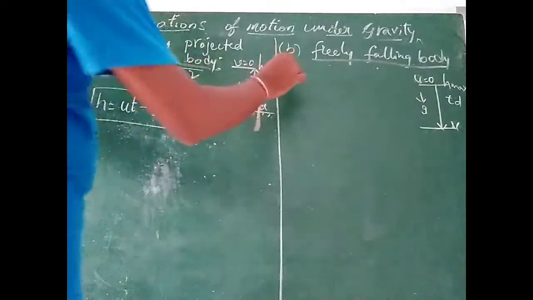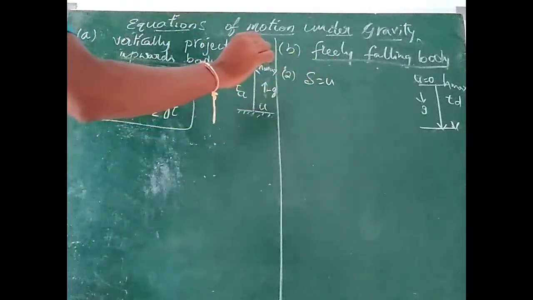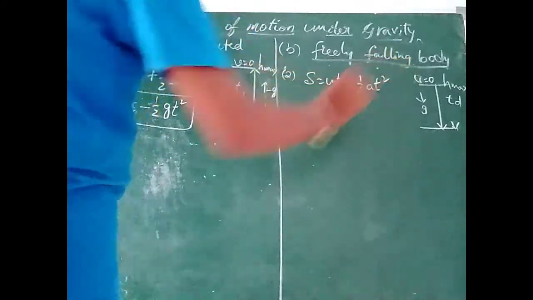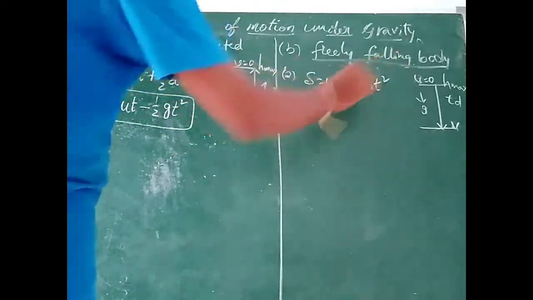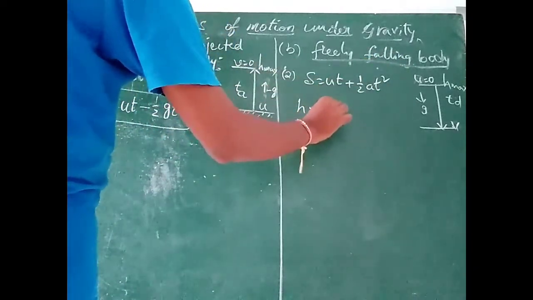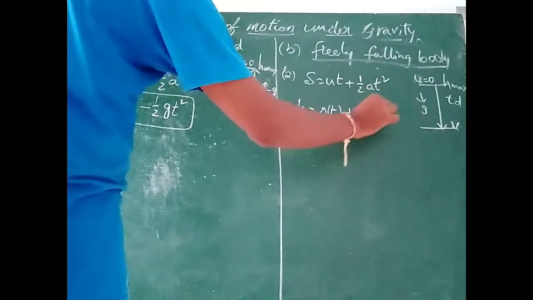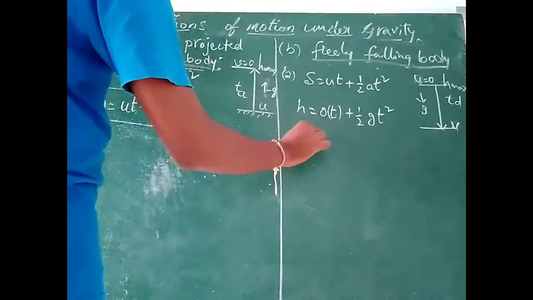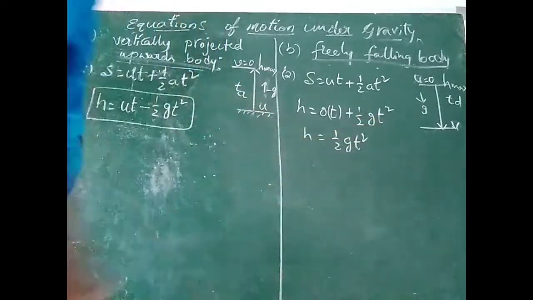Second case, here also s is equal to ut plus half at square. So s becomes h, u is 0, so 0 into t, plus half a, where a becomes g, t square. So h is equal to half gt square.